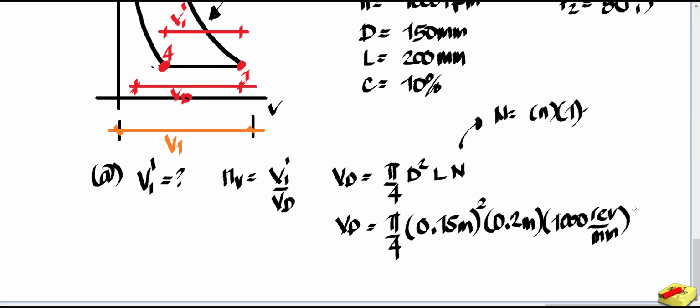But since it is a twin cylinder, that will be 1, then multiply by 2, since it is a twin cylinder given to the problem. Sorry, two cylinder, not a twin, but it is almost the same. So from here, we can directly solve our volume displaced. We have the value of volume displaced, which is now equal to 7.069 cubic meter per minute.